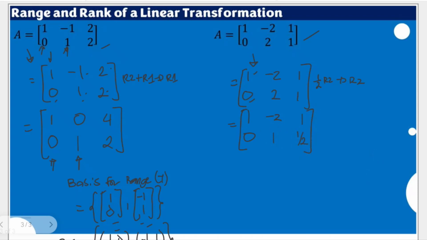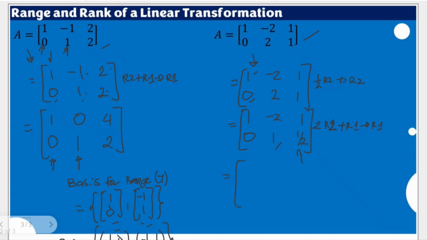Since this is already a leading 1, what needs to be done here is to make this 0. Going to our third column, no need to make this a leading 1 or 0 because that row already has a leading 1. Again, let's make this 0 by multiplying row 2 by 2, plus row 1, for a new row 1.